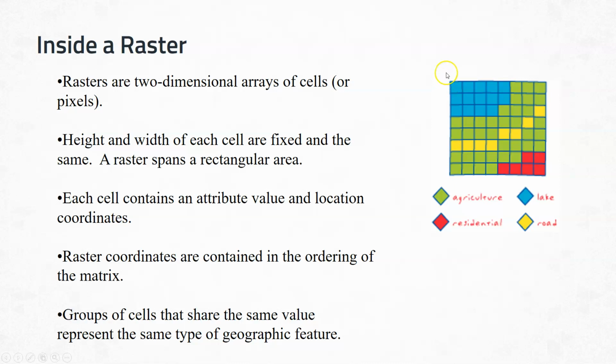A lot of times the attribute is assigned by the one that is the most predominant in that particular 10 by 10 cell. Sometimes they assign it by what value is in the middle of that cell. So there are different ways of doing it, but it's usually by the most dominant value within that particular cell.